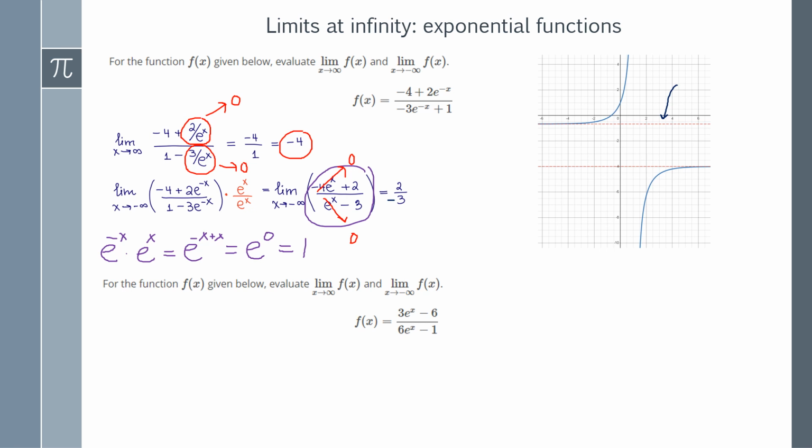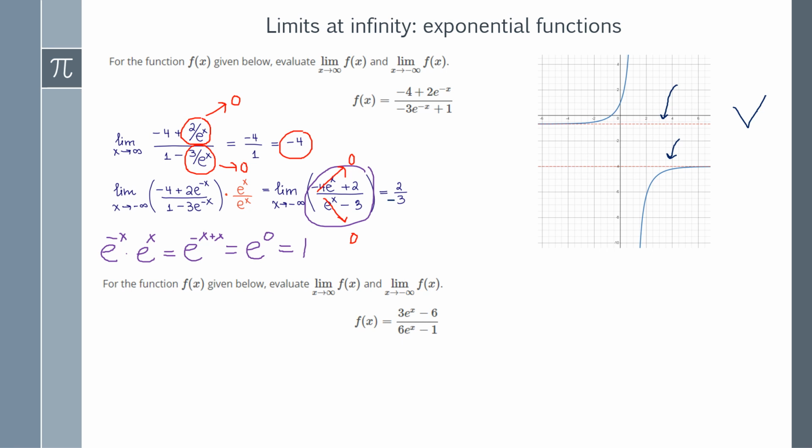The second horizontal asymptote is right here: y is equal to negative 4. The right branch of the graph is approaching negative 4 as x goes to positive infinity. So this graph confirms our computations.